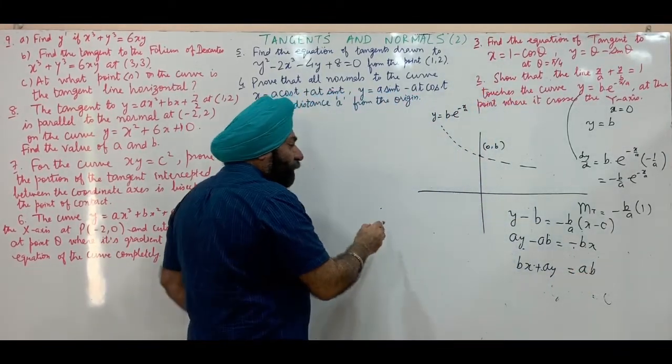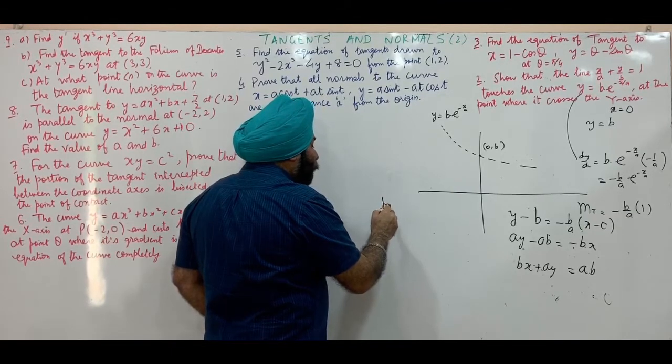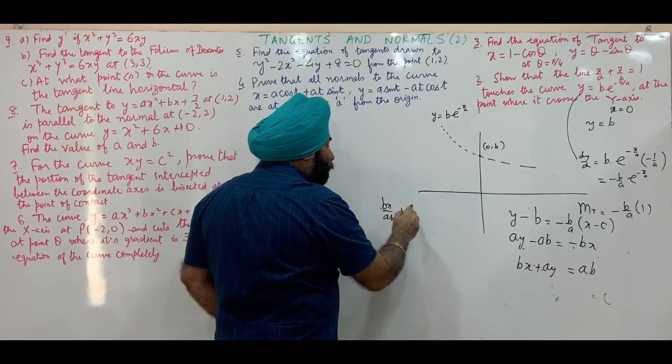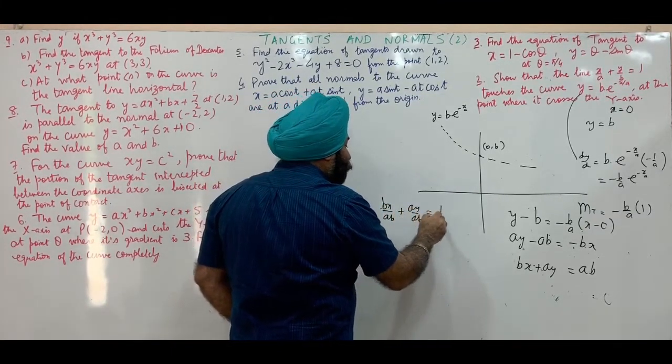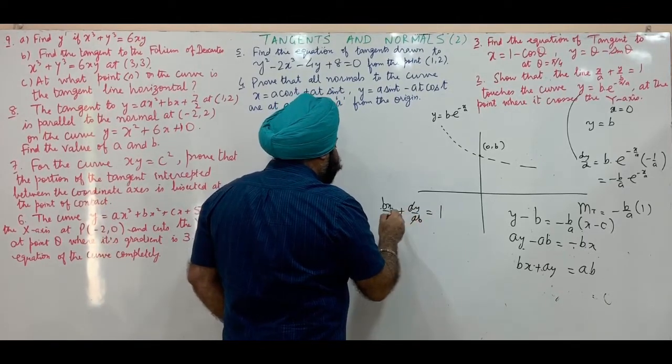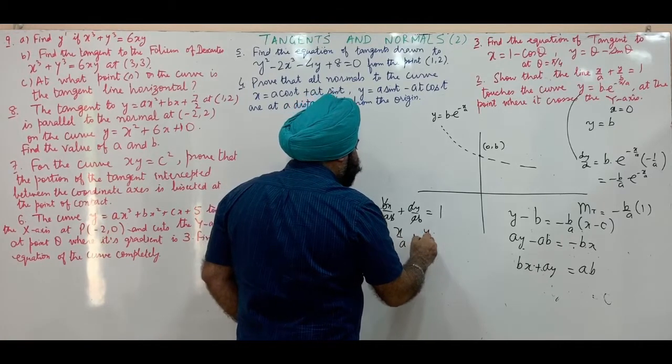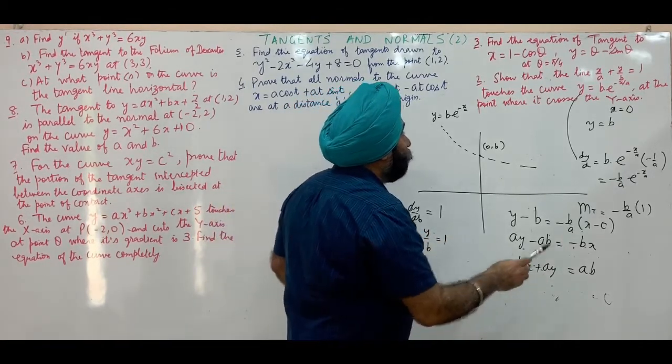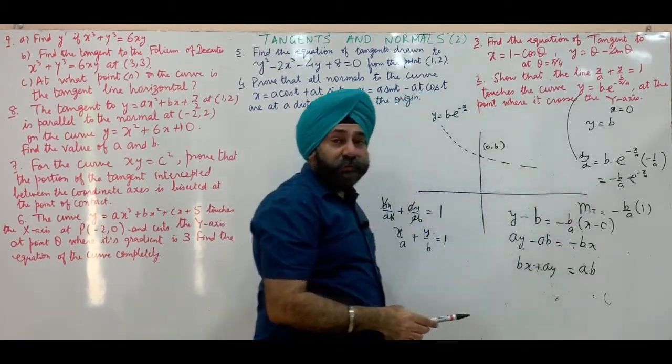Dividing both sides by ab, it's bx upon ab plus ay upon ab, this is 1. We get x upon a plus y upon b is equal to 1. This is what we wanted to prove.